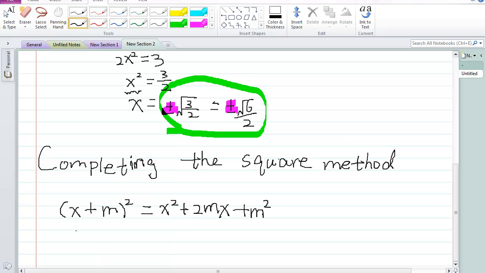The same thing, x minus m squared is x squared minus 2mx plus m squared. That's the difference between x plus m and x minus m. Just the middle term actually changes. The first and third terms don't change.